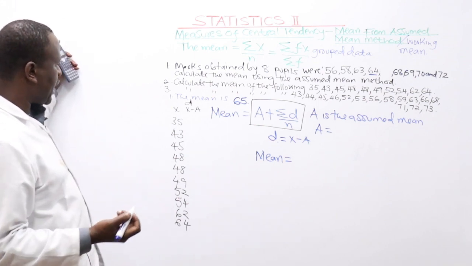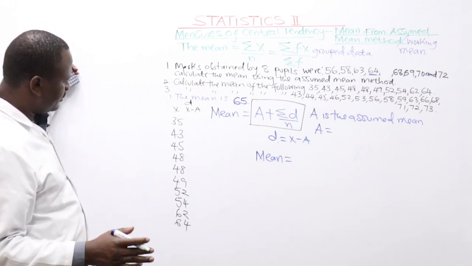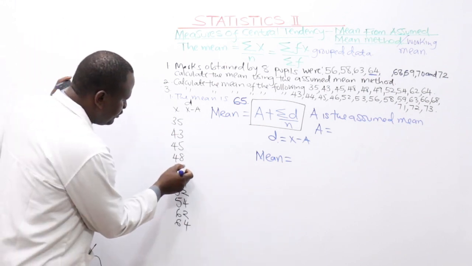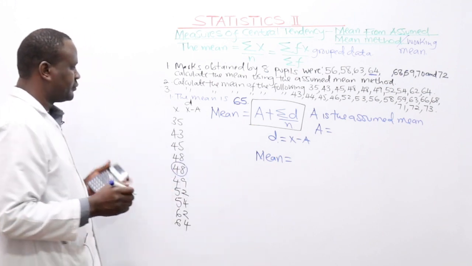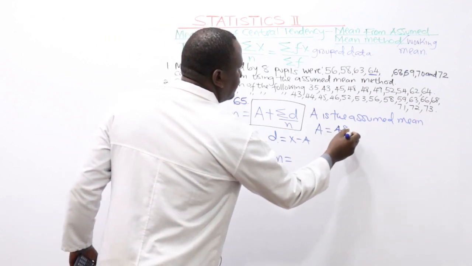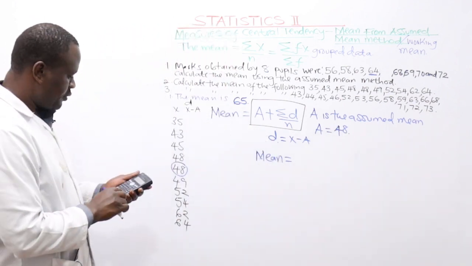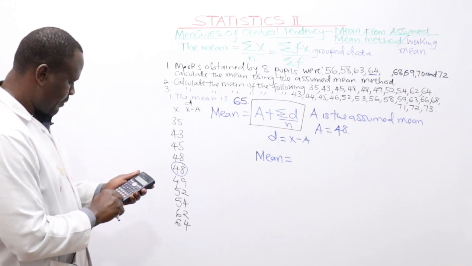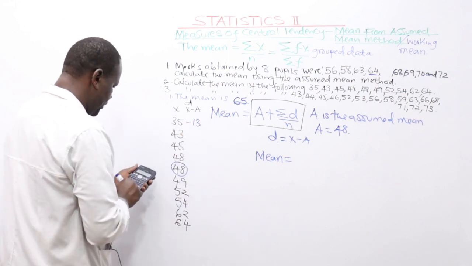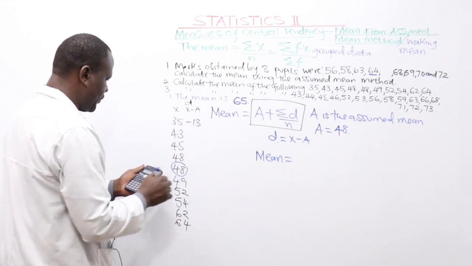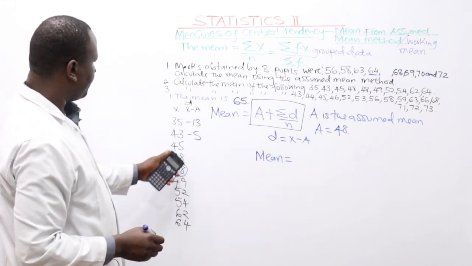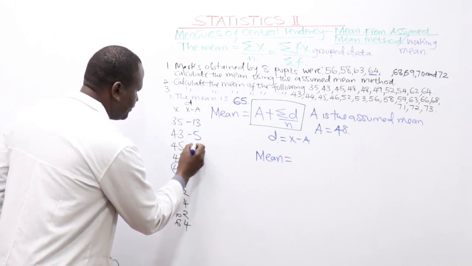Now, we have to choose a, the one that is slightly in the middle. Like, we could choose 48. So a is 48. So what we do is take 35 minus 48. You get -13. 43 minus 48, you get -5. Now, 45 minus 48, -3.